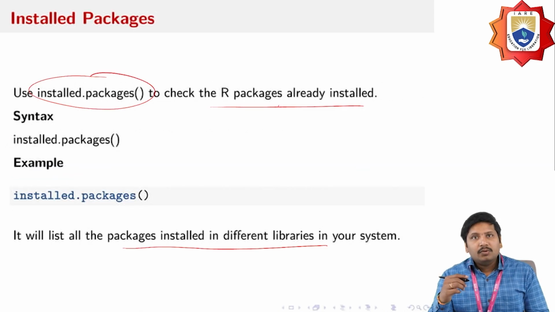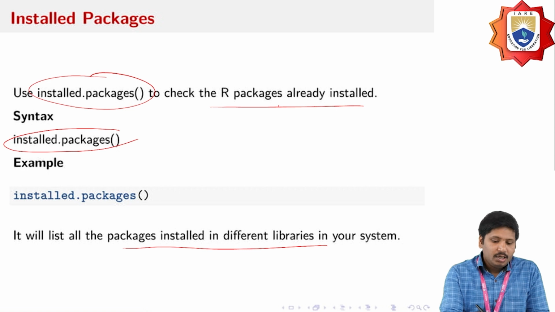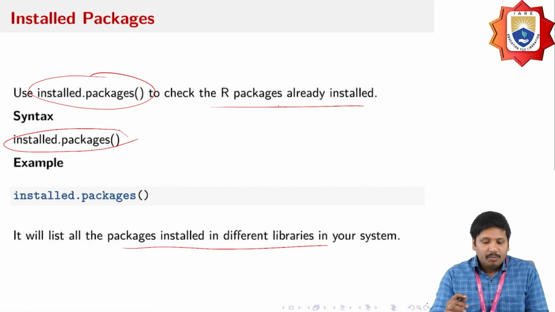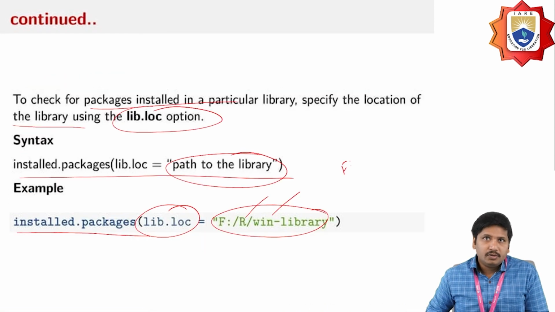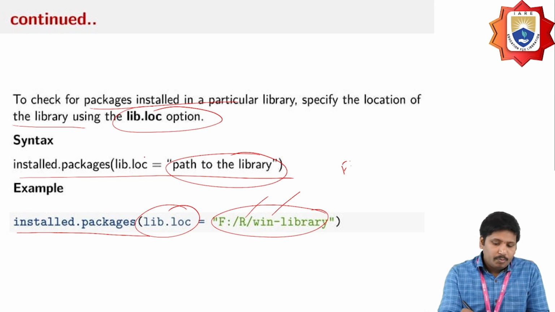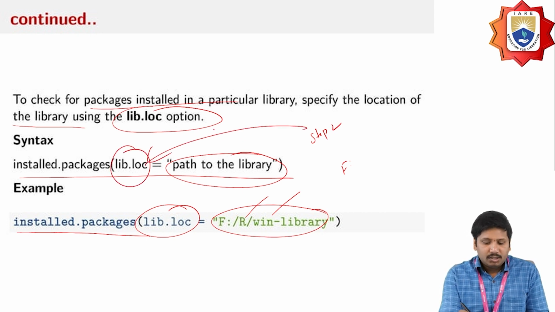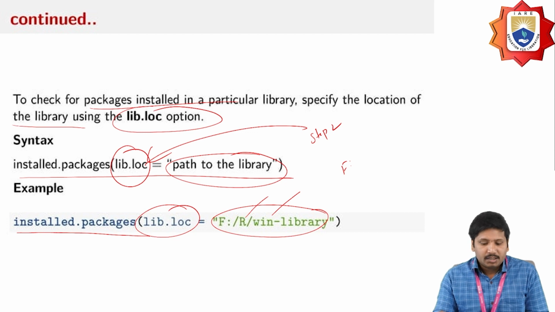And how can I know which packages are already installed in RStudio? By making use of the installed.packages() function. And where are the packages loaded in our system, what is the location? For that I use the .libPaths location function. So this is step 2, knowing where the packages are installed.